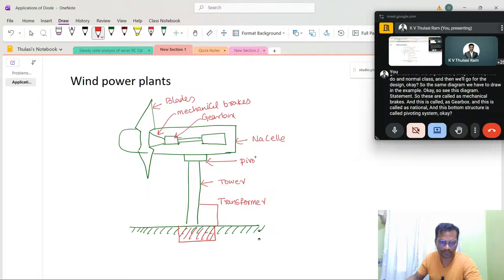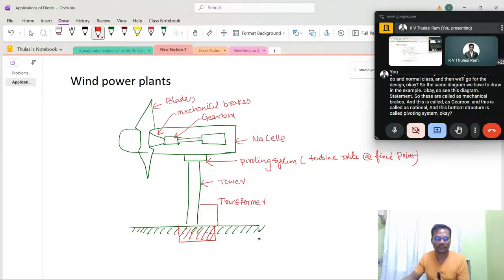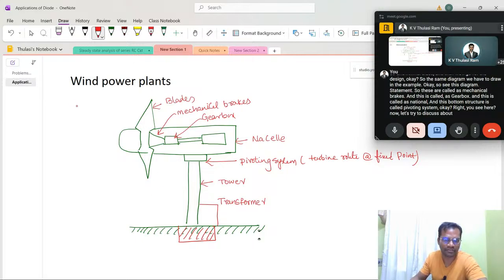Okay. Right, you see here. Now let's discuss the wind power plants.